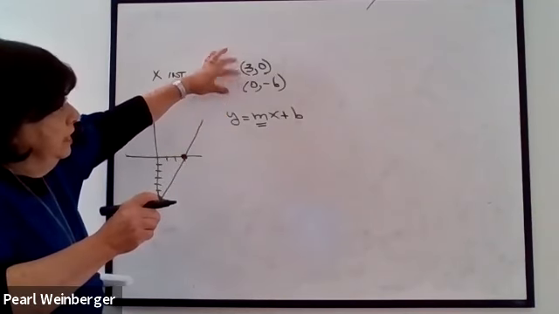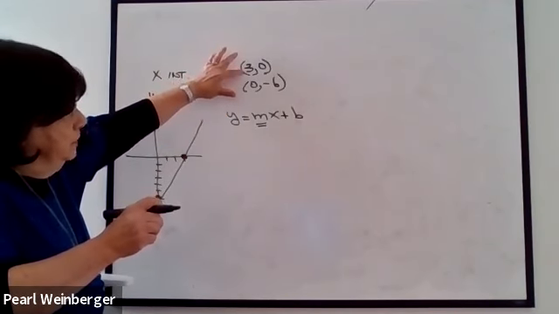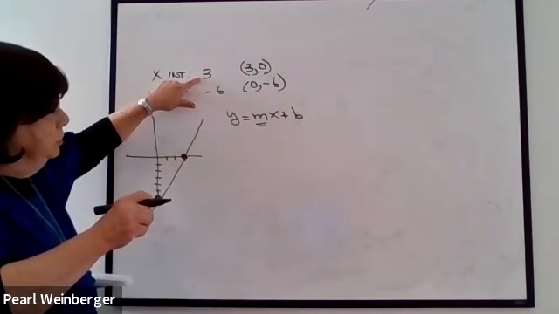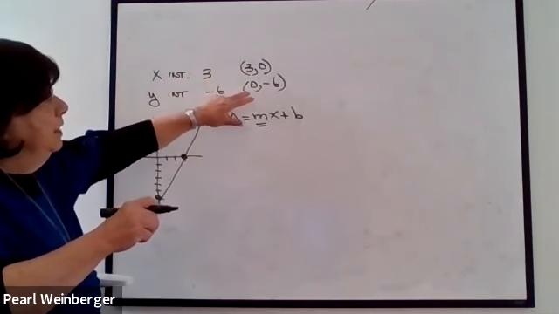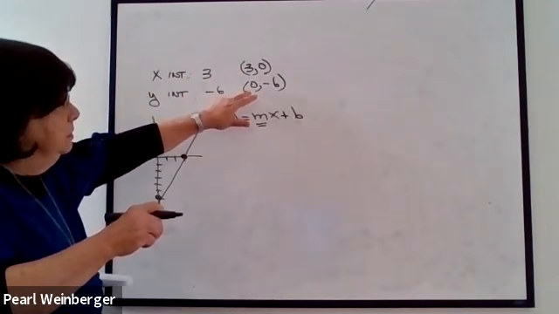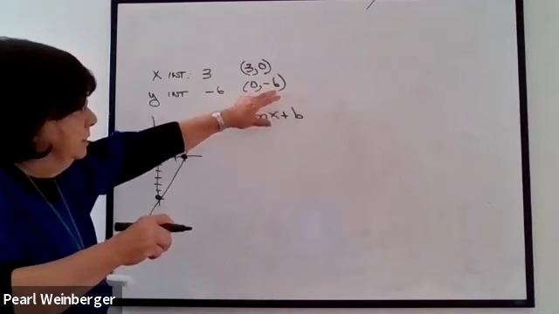2 points. They gave me the point 3, 0, because they said the x-intercept is 3, and they gave me the y-intercept -6, which gave me the point 0, -6.